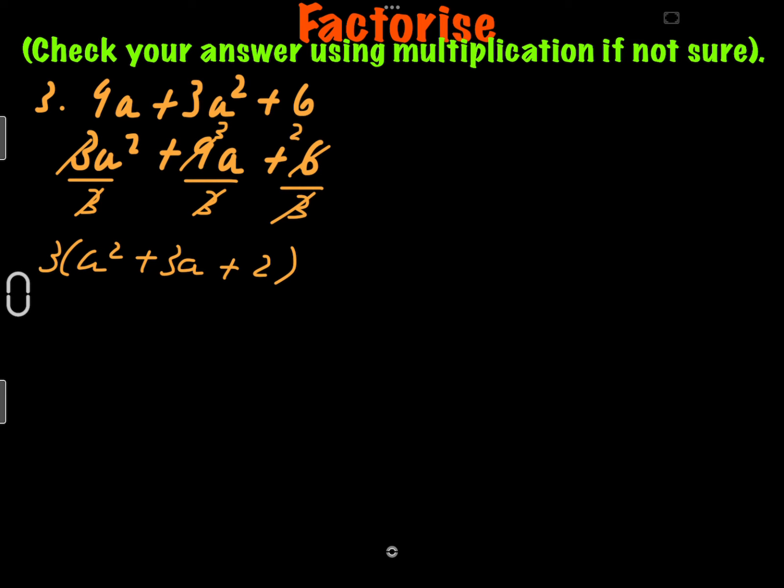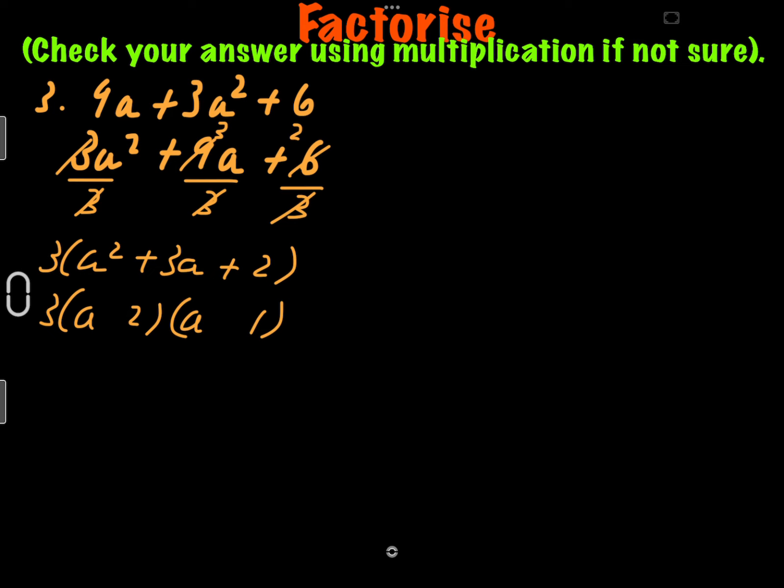Okay, now 3 is our common factor in this case. So moving forward, what we need to do now is to maintain our 3 as a common factor and then have our parenthesis. So we have a multiplied by a, and then the common factors of 2 are 2 and 1, and the leading or bigger value between 2 and 1 is 2.